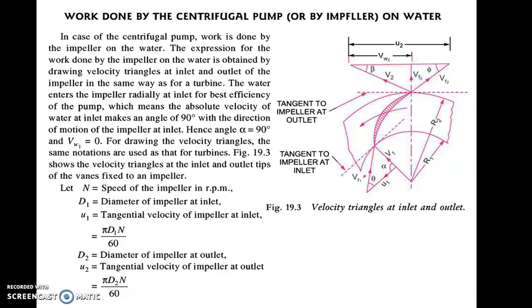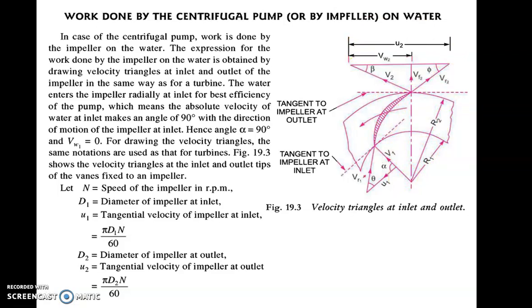In the case of a turbine it was the work done by the water on the runner, but in this case the work is done by the impeller on the water, and that's why it is called impeller power. Everything is opposite and the formula remains the same. Whatever is the input to the turbine is the output for the pump, and whatever is the input for the pump is the output for the turbine. That's why the complete velocity diagram is reversed for the centrifugal pump. So the centrifugal pump is opposite in function to the Francis turbine.